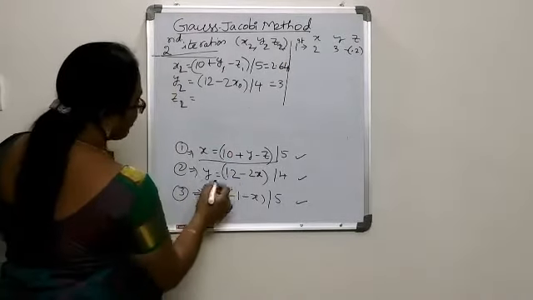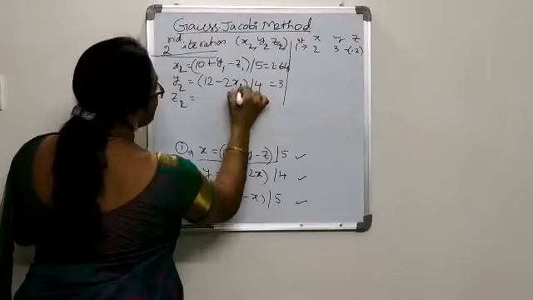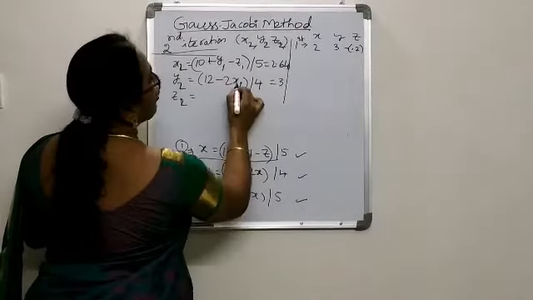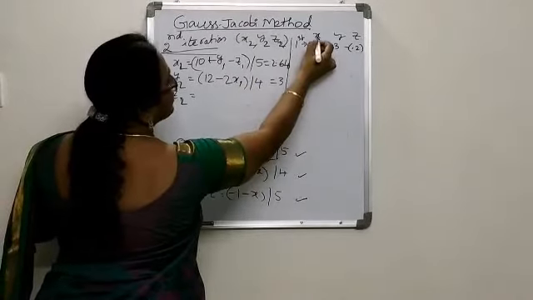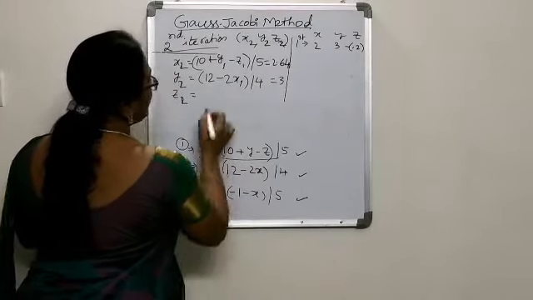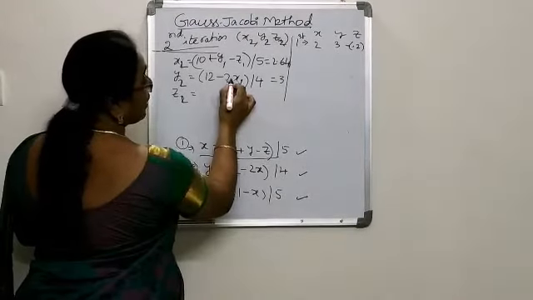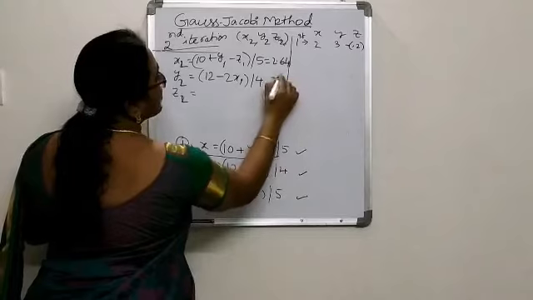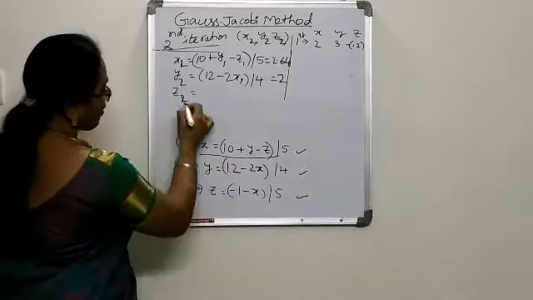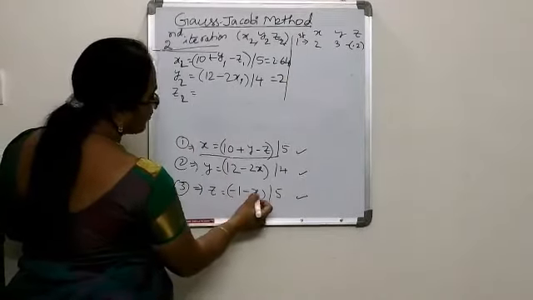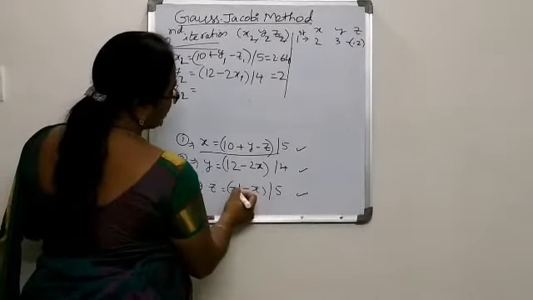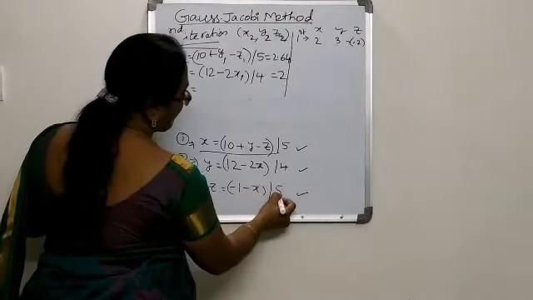Similarly, y2 is equal to (12 minus 2x1) by 4. Because x1 is equal to 2, the x value in the first approximation, we have 12 minus 4, it is 8 by 4, the value is equal to 2. Similarly, we have z2 equal to (minus 1 minus x1) by 5, which is (minus 1 minus 2) by 5.